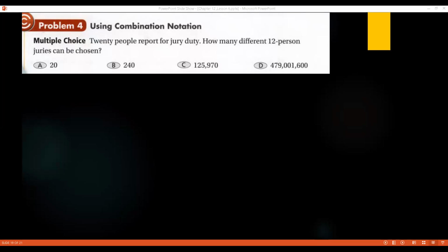Here, they didn't tell me in how many arrangements, or that you have a specific job for each person. They tell me that I want to choose 12 persons from 20. So here we have combination. Now I want you to find combination of 12 from 20. Find the answer. I'm waiting here.